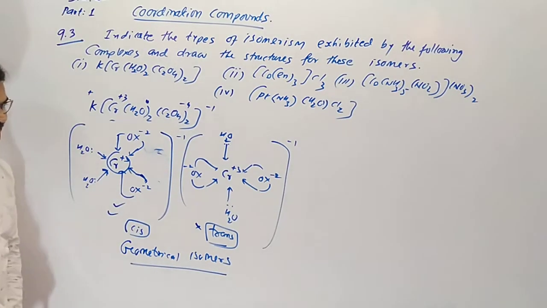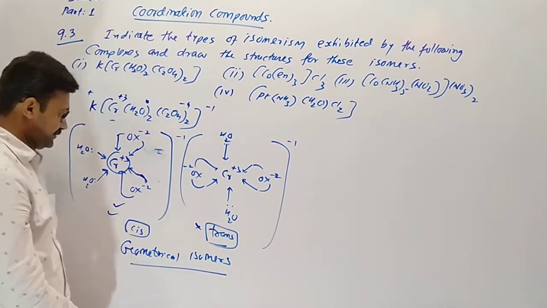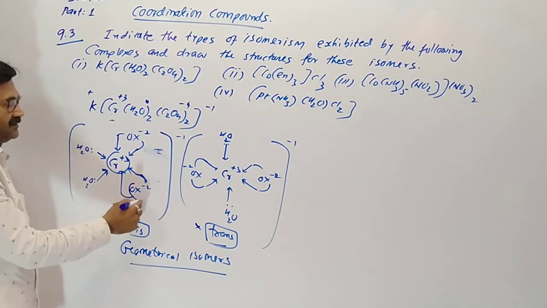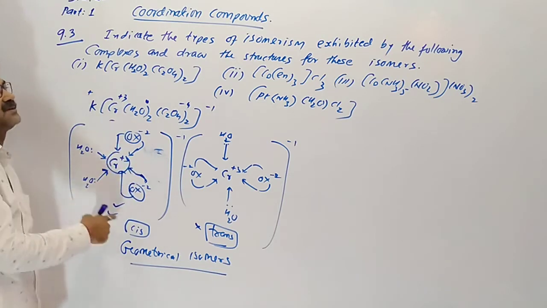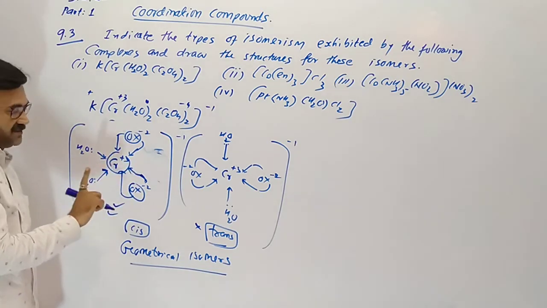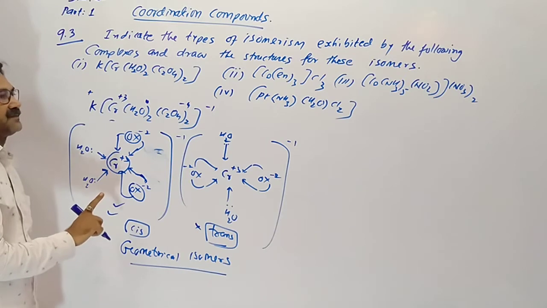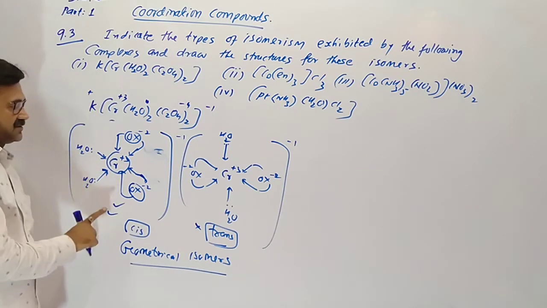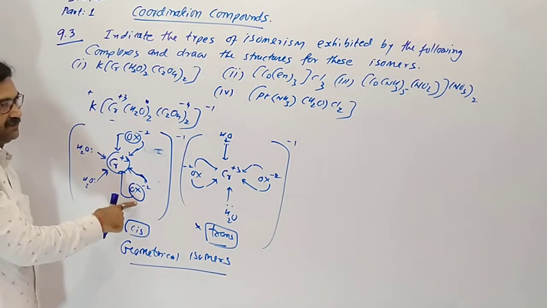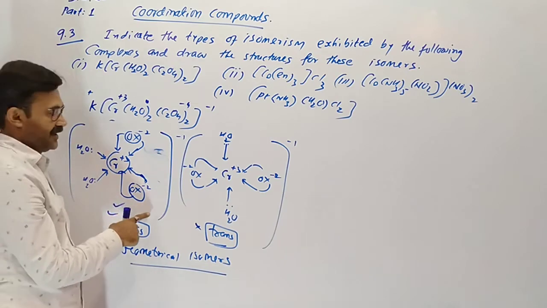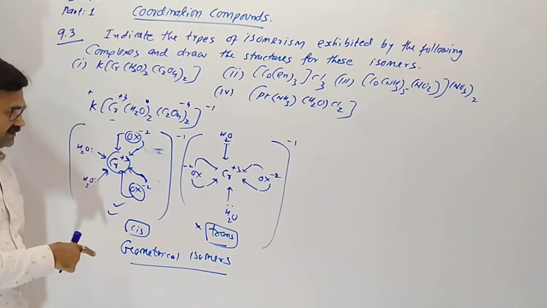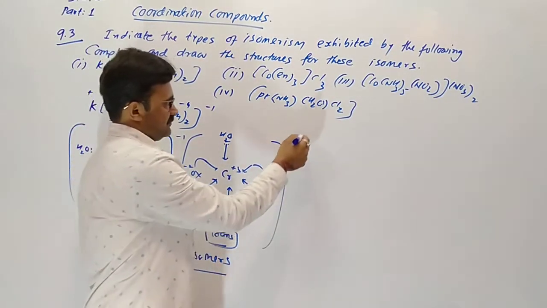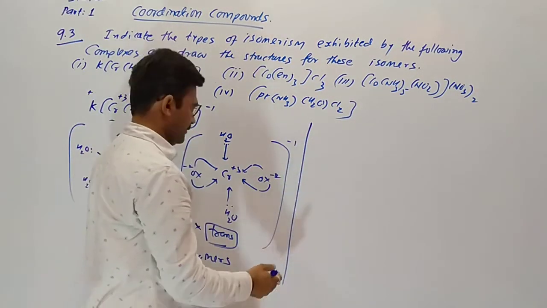Only cis is optically active, and there is a polydentate, meaning didentate, ligand. If all the ligands are monodentate, an octahedral structure never gives an optical isomer, but whenever at least one di, tri or polydentate ligand is present, it gives an optical isomer.